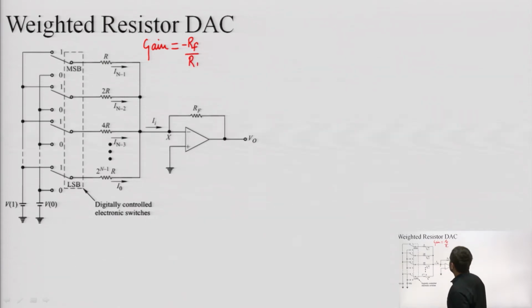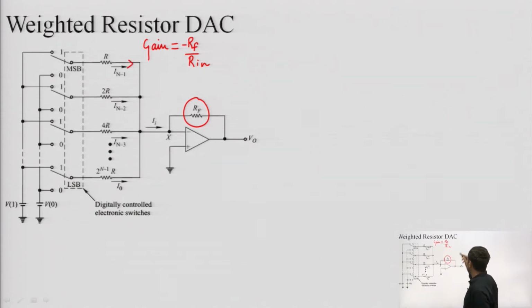Now, Rf is common for all the branches, but for the input resistance, instead of R1, I am saying R in. The input resistance of all these branches is different, so we will take one branch at a time.